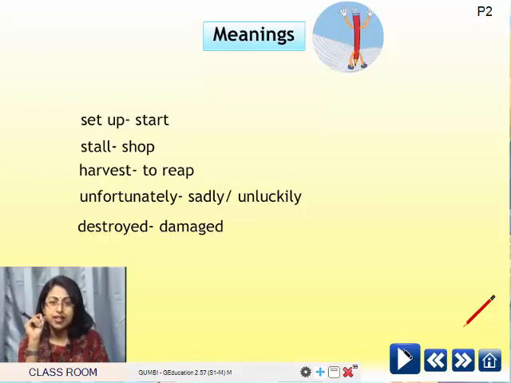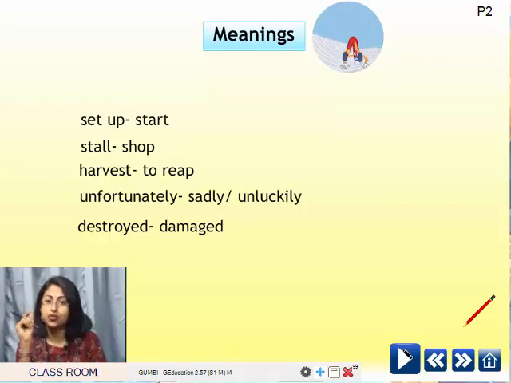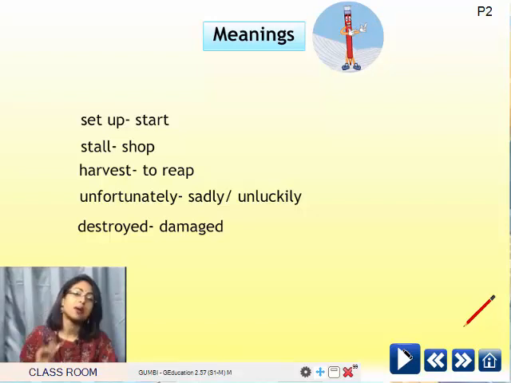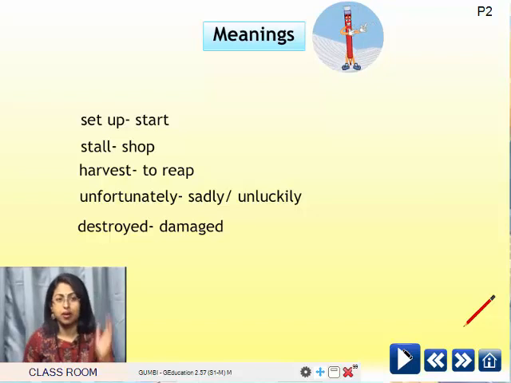Many countries were destroyed because of tsunami. Isn't it right, students? So I'm sure you have understood the meanings of these difficult words that we came across. Shall I move on to the next one?